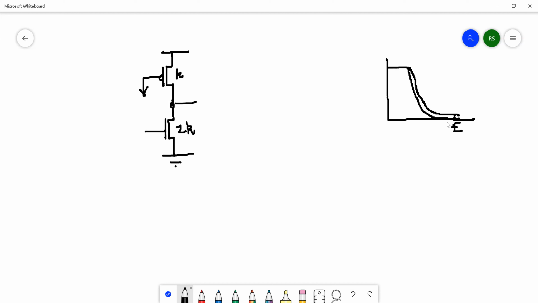And what is the condition we are going to use for that? The NMOS network should be double the size of the PMOS network so that this resistance is 2 times this resistance. So in this case, if this is R, this will be 4R. Sorry, not 2 times, 4 times.